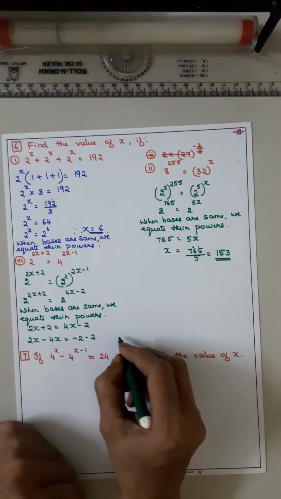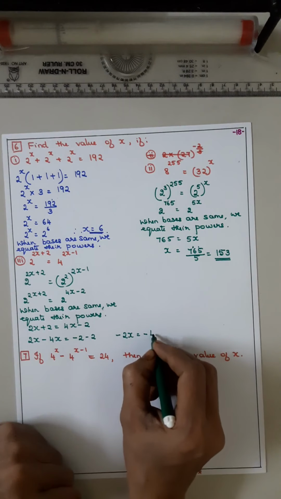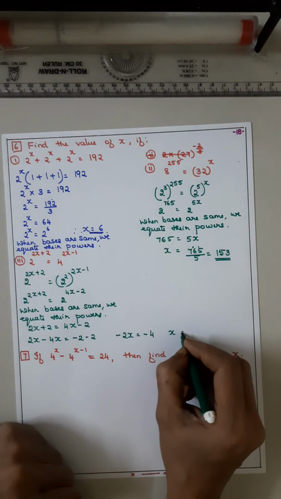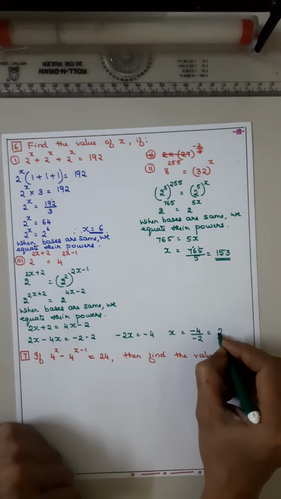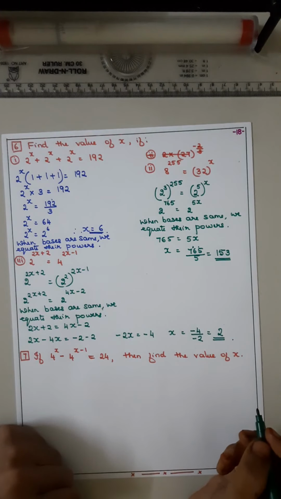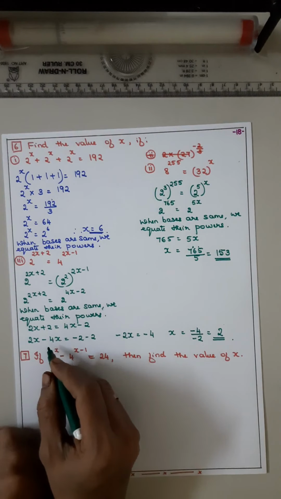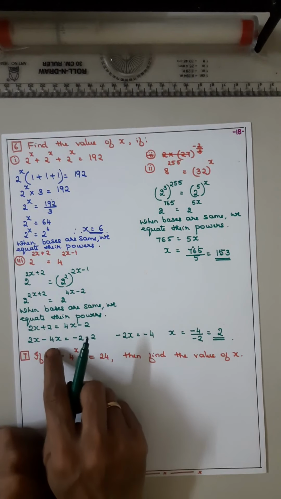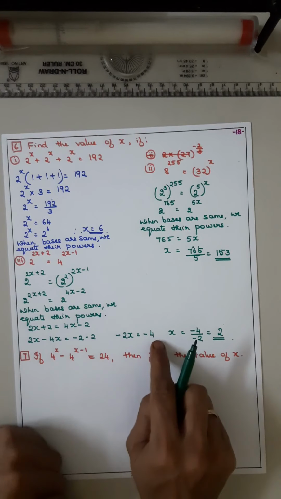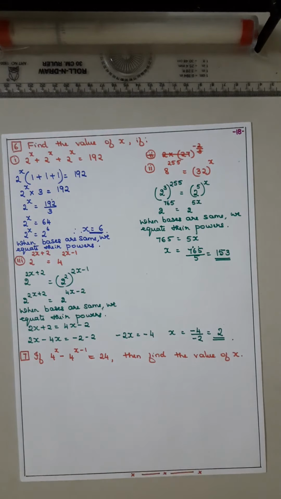That means minus 2x is equal to minus 4. So x is equal to minus 4 upon minus 2. When you take 4x to this side, the plus becomes minus, so it becomes minus 2x equals minus 4. X is equal to minus 4 upon minus 2, that is equal to 2.